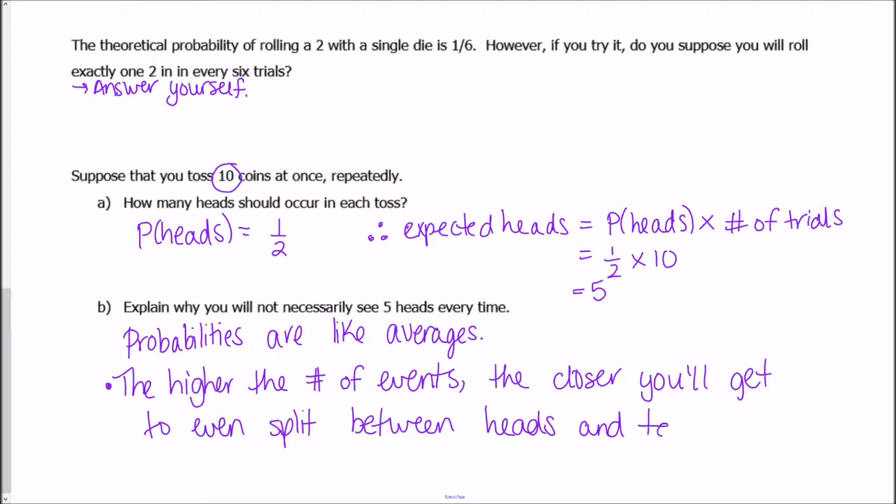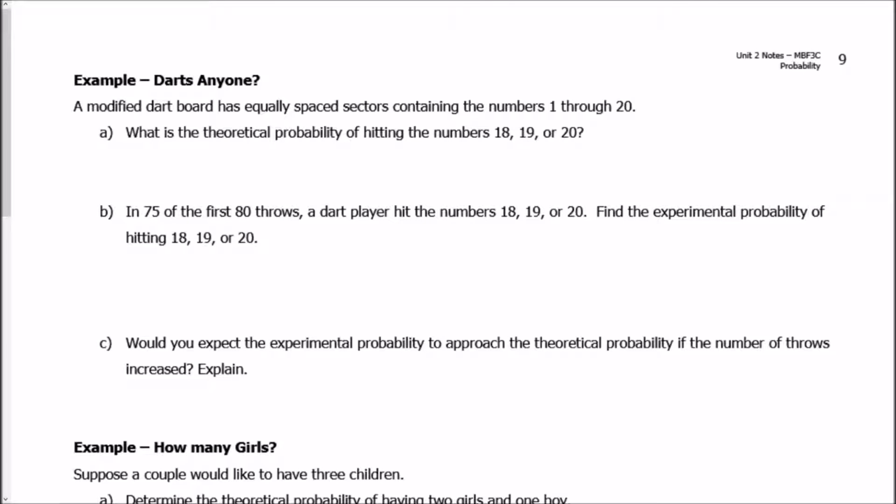For example, if I flip a coin 10 times, I wouldn't necessarily expect to see heads 5 times. But if I were to flip a coin 1,000 times, I might get closer to a 50% probability of heads because I've done it so many times. The individual events are going to balance each other out eventually, just like averages would balance each other out. All right, so let's take a look at a couple examples.